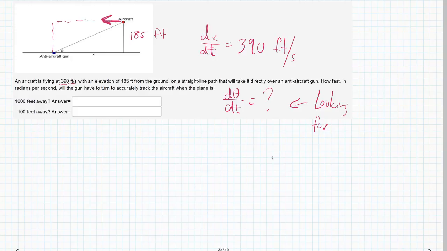All right. So this one looks scary, but it's really not too bad. What's the best format to set this up? Well, notice we have x and the 185. So if you go x over 185, what does that equal?